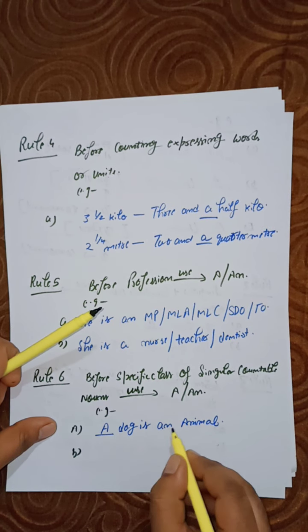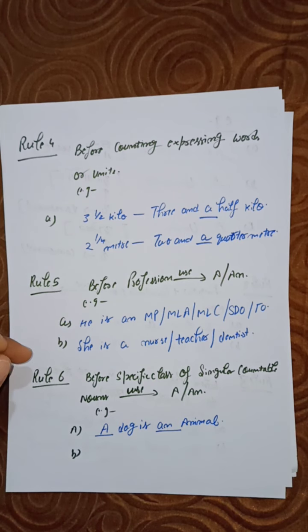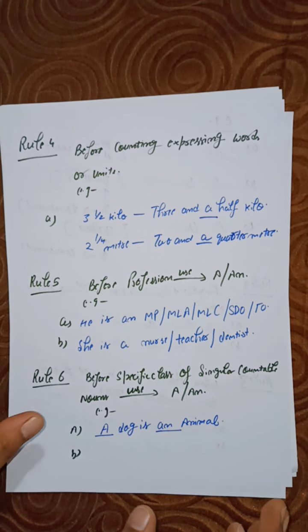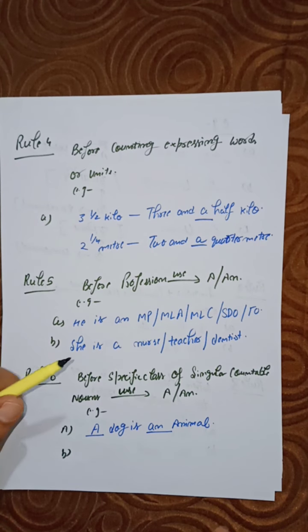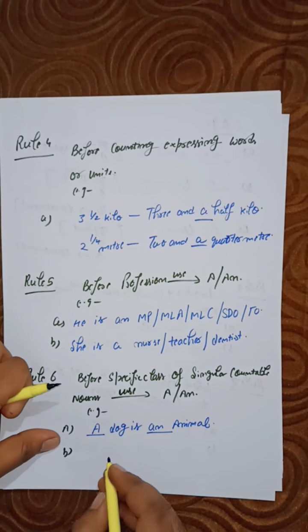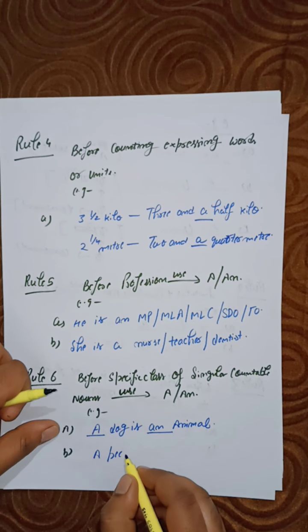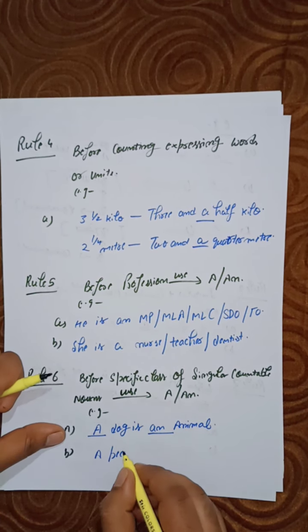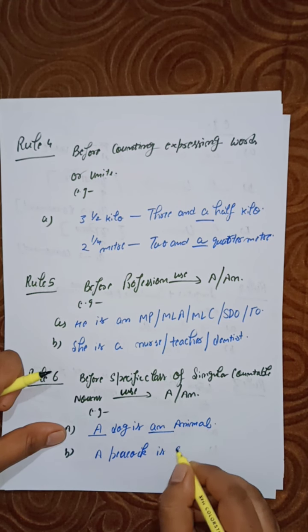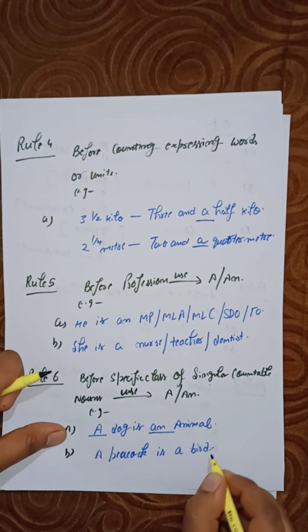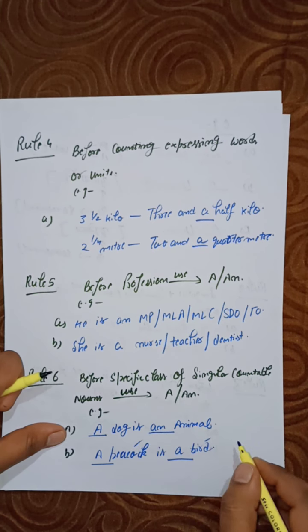So here this is singular and also countable. We can count. One more example: a peacock is a bird. Singular countable.